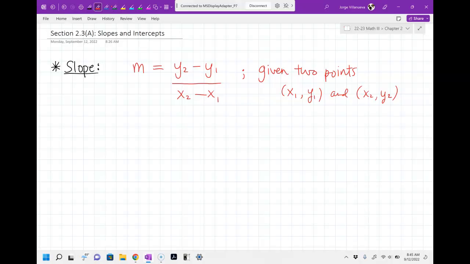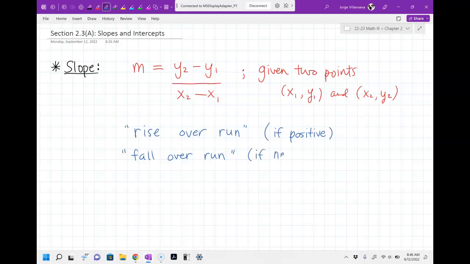We'll talk about the formula in more detail later, but another thing about slope is that people call it rise over run, if positive. And the other one is fall over run, if negative.